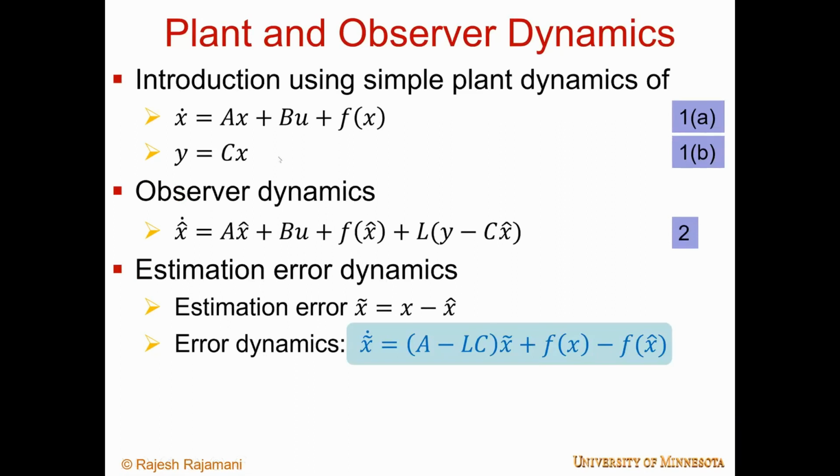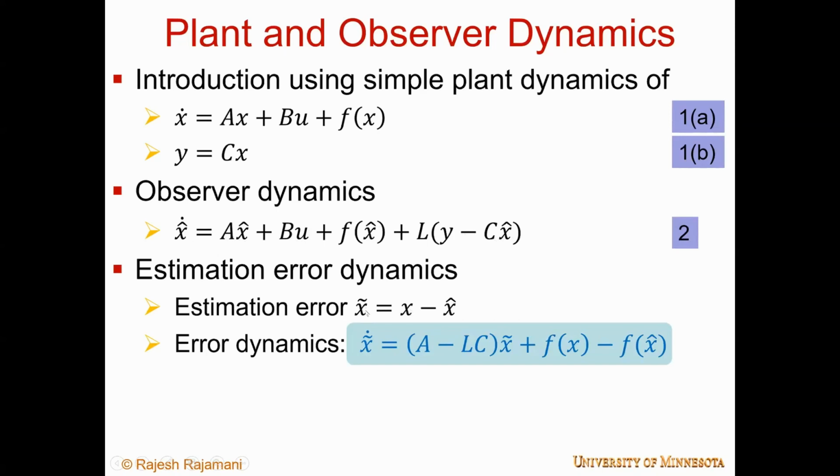The observer is a replication of the system dynamics together with the output error feedback term. So x hat dot is a x hat plus bu plus f of x hat plus L times y minus c x hat. And we'll use the variable x tilde to denote estimation error.